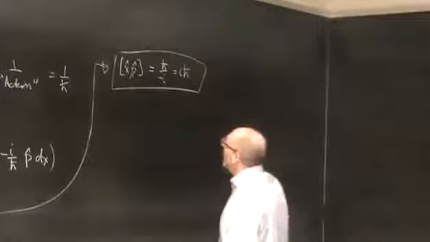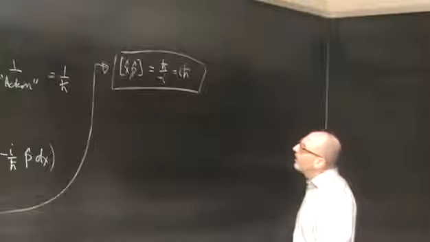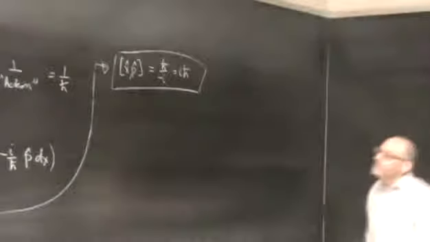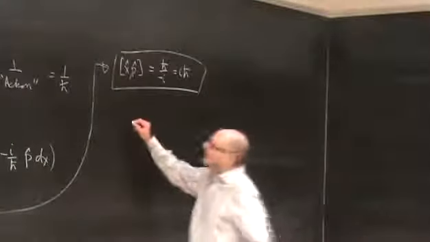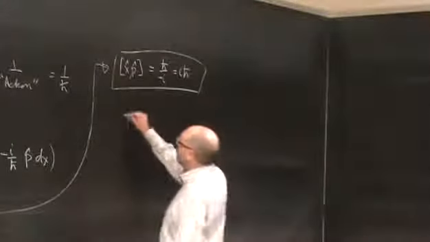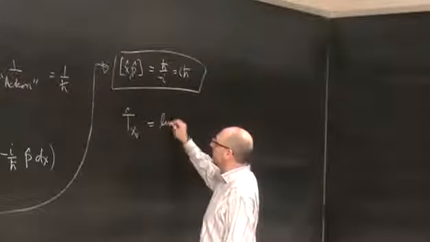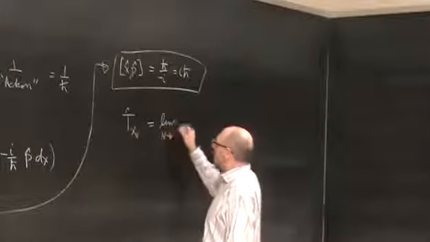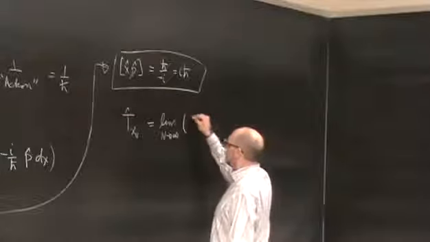Okay, cool. So now we can write down the translation operator in position, not just for a differential, but for an arbitrary finite translation. If I translate by an amount, say x naught, I can take the limit of little differentials.